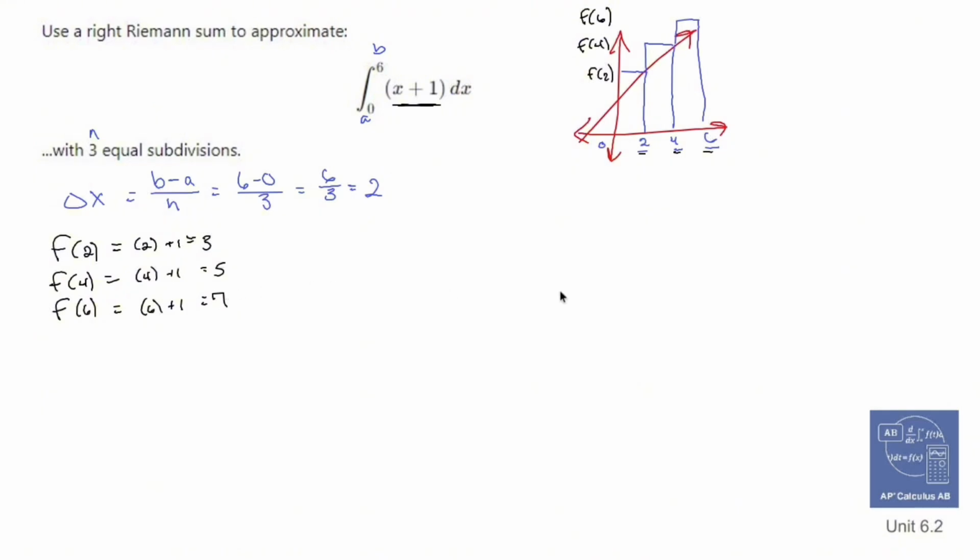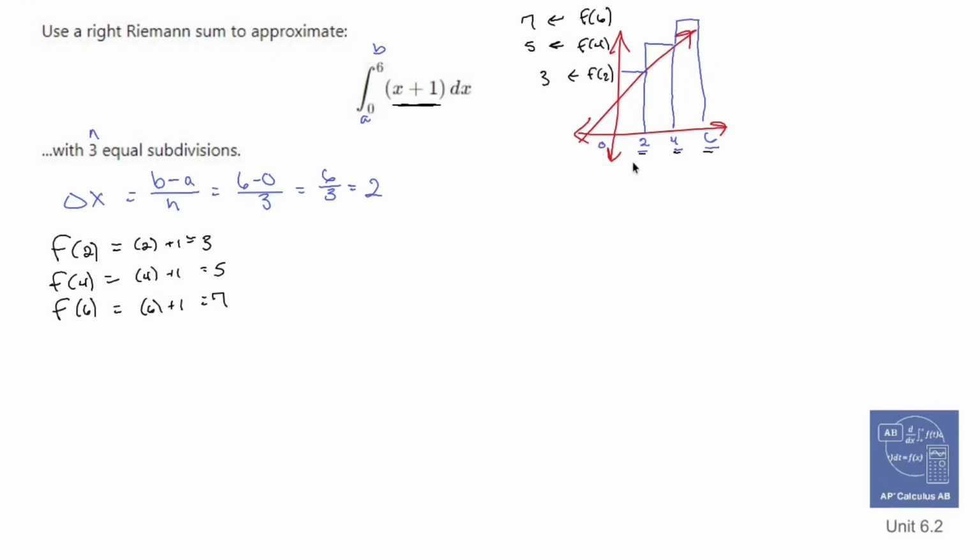Okay, so easy peasy. Now what I do next is I calculate the Riemann sums by multiplying the change of x to each f of x. So since the heights turned into 3, 5, and 7, essentially what I need to do is add up the area of all 3 of these.